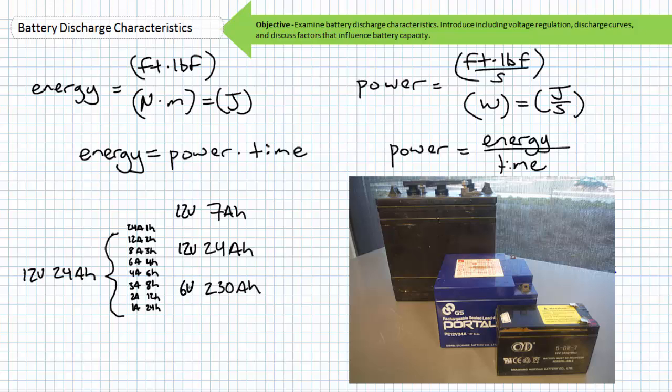Realize, however, we're not exactly comparing apples to apples, because the 2 VRLA batteries in the front are 12-volt batteries, and the FLA in the back is a 6-volt battery. This means in a perfect world, the small battery has 84 watt-hours, the middle battery has 288 watt-hours, and the large battery in the back has 1,380 watt-hours, or 1.38 kilowatt-hours. This is again a simplification and a single snapshot of a moving target.